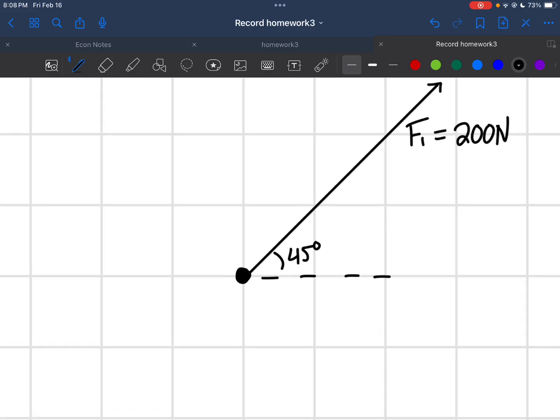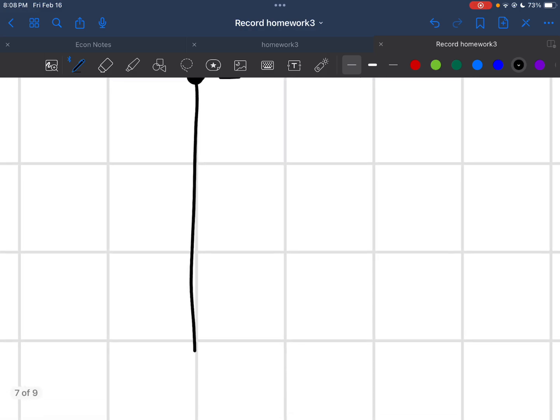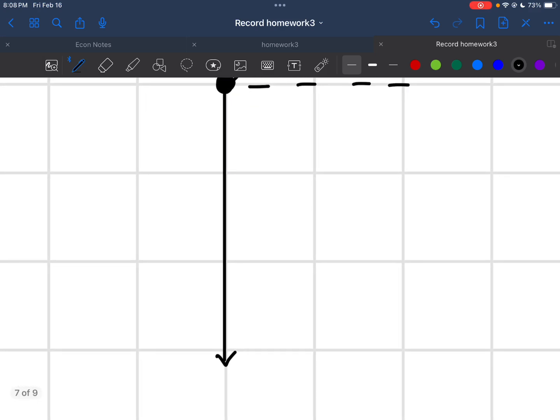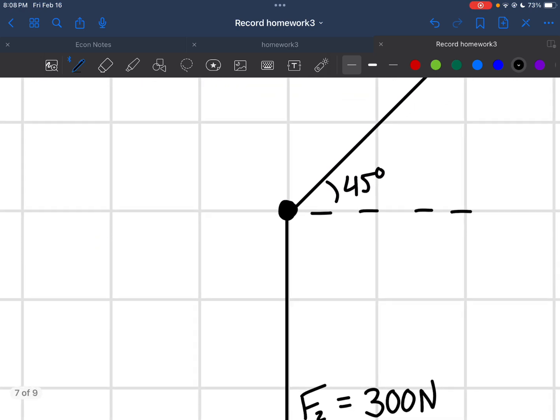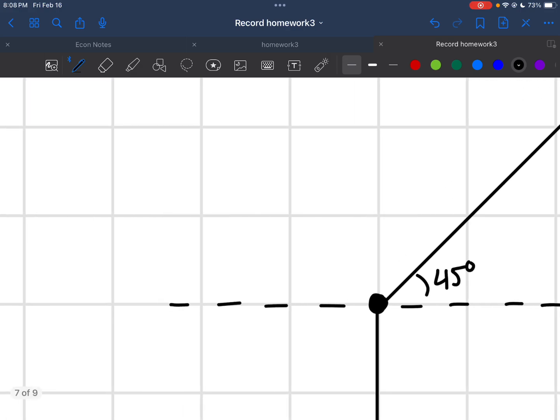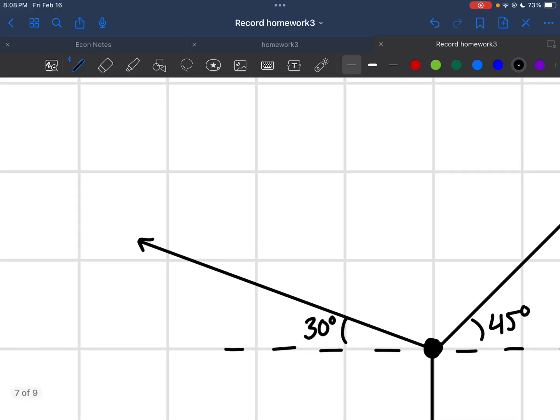My second one was pointed due south, which is just straight south, and we'll call it F2. That was 300 newtons. My third rope was 30 degrees north of west, which means here is west, and I'm going to go 30 degrees north of it. So here's my 30 degrees, and call that F3. That one had a force of 100 newtons.